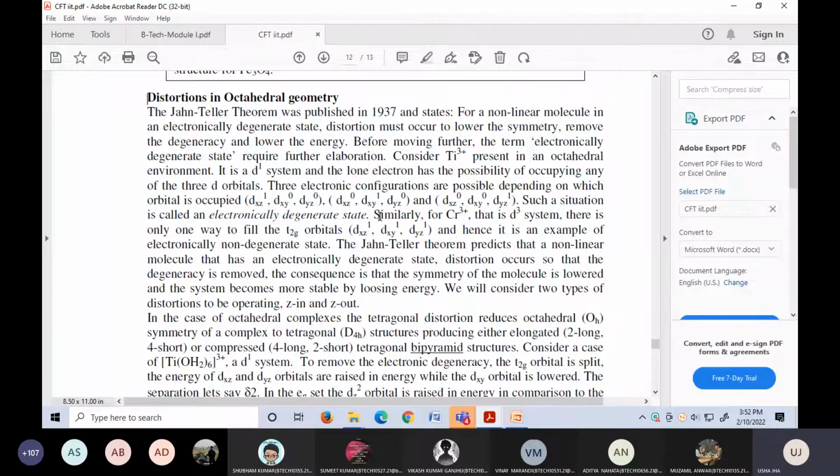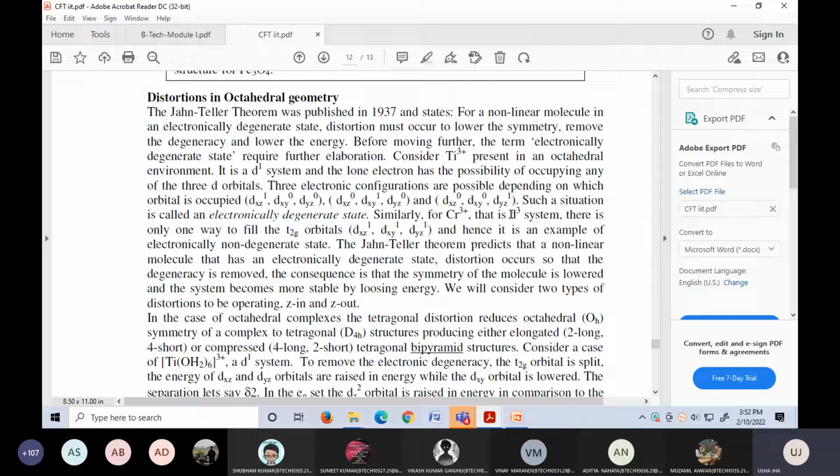It can stay in dxy, then it will be dxz0, dxy1, dyz0. Another option is that, since all three are equivalent in energy, dxy, dxz, dyz, it could have been in dyz too.